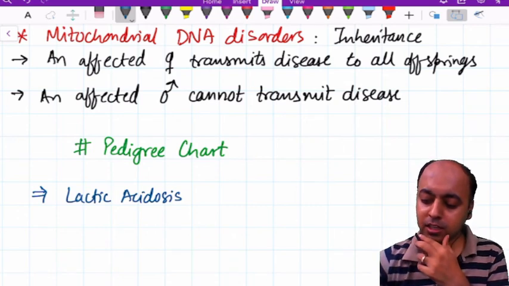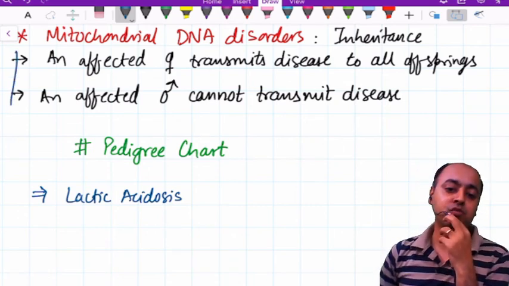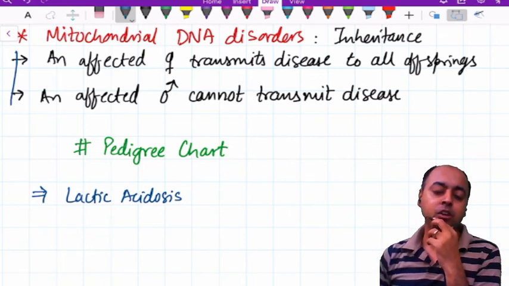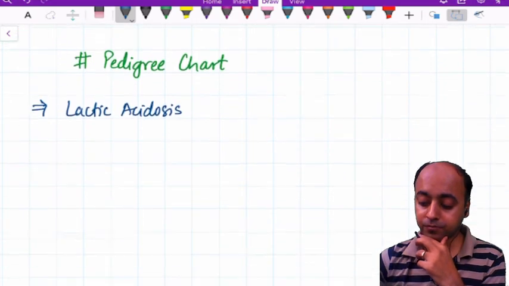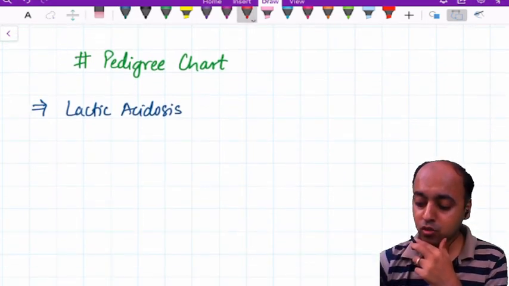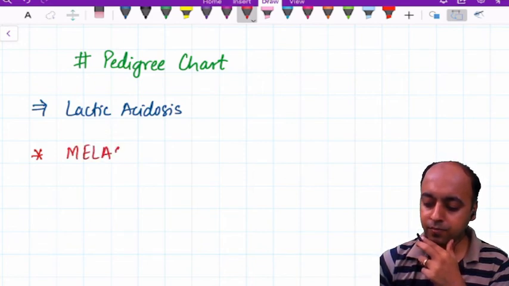Along with the very specific inheritance pattern, for the mitochondrial DNA disorders. One of the most common mitochondrial DNA disorders is what is known as MELAS.